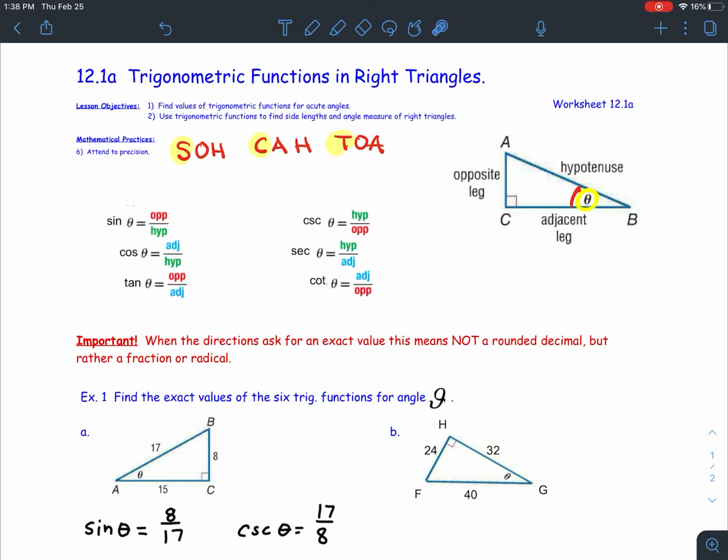Okay. Now, there are 3 new trig functions. This one is pronounced cosecant, this one is pronounced secant, and this one is pronounced cotangent. What you'll notice about how these 3 new trig functions relate to the 3 older ones is that they are merely the reciprocals of each of the 3 initial trig functions.